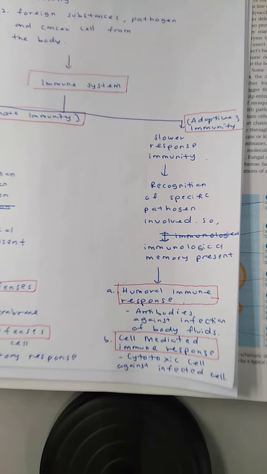Highlight perkataan body fluid. Mana-mana antigen yang berada di luar sel di dalam satu benda lahir badan, sama ada lymphatic system atau circulatory system, benda ini akan dihalang jangkitannya melalui antibody.